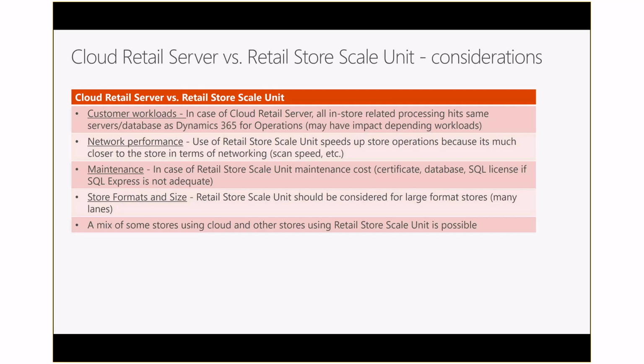For example, when we have very large networks of stores or even terminals, we're actually in the cloud workload, hitting all the way into the same database. Everything goes together in the cloud database. The AOS and channel database are hosted together. That has, or can have, a scalability impact on our headquarters. So that might be one consideration to opt for the retail store scale unit, depending on the size.